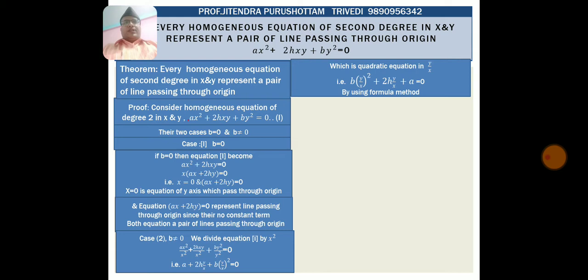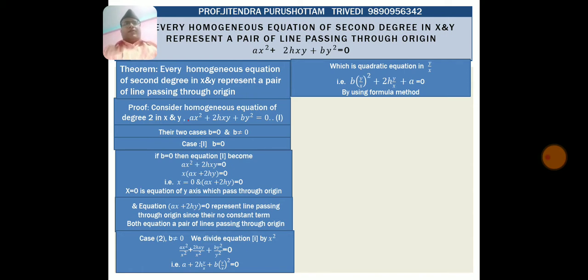Now rearranging the terms, we get b(y/x)² + 2h(y/x) + a = 0. So this is a quadratic equation in terms of y/x.